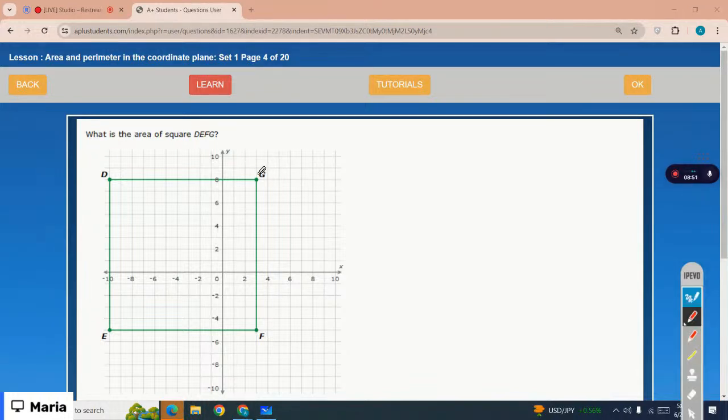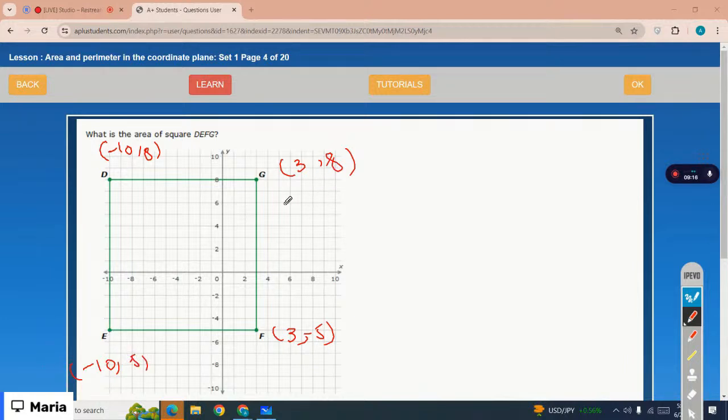For G, x is 3, y is 8. Here x is 3, y is negative 5. Here you have x is negative 10, y is 8. Here you have x is negative 10, y is negative 5, right?